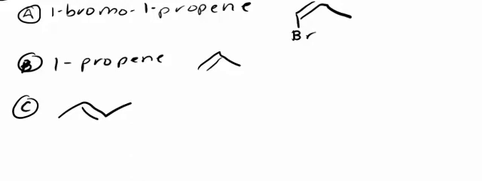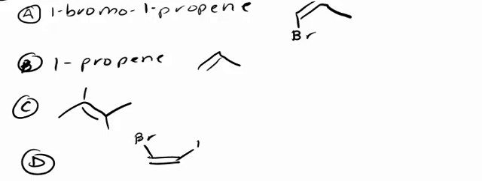Well, it's a 2-butene, so it goes like that. So we have our methyls there. And then for my D, I had 1,2,2-tribromoethene. So ethene is just 2 carbons with a double bond there. And I had a bromo here and then 2 bromos here.